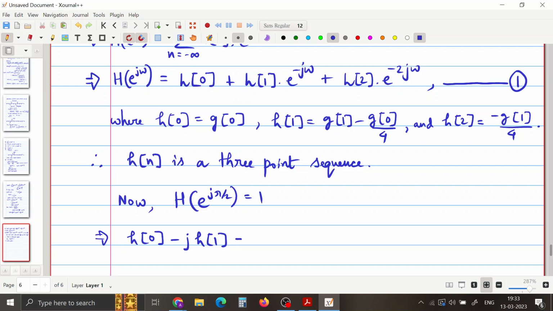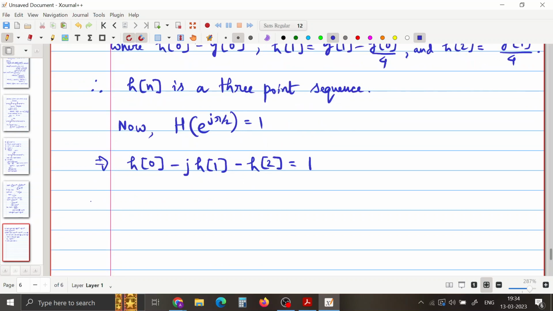Then we have h of 2 times e power minus 2j omega. If you put omega equals pi by 2, minus h of 2 will be there. And on the left, equal to 1.